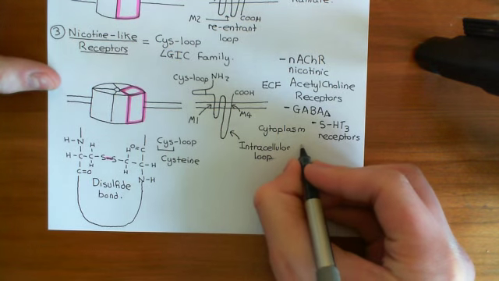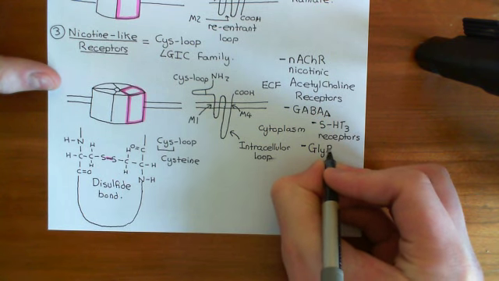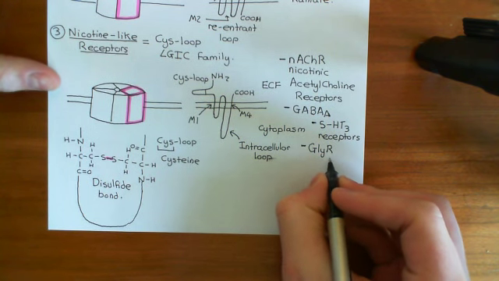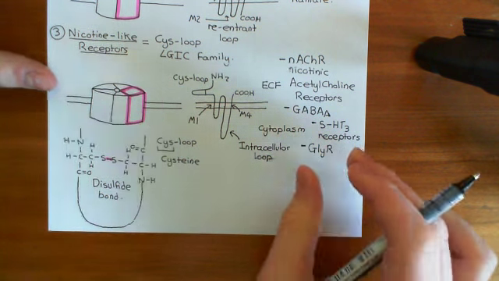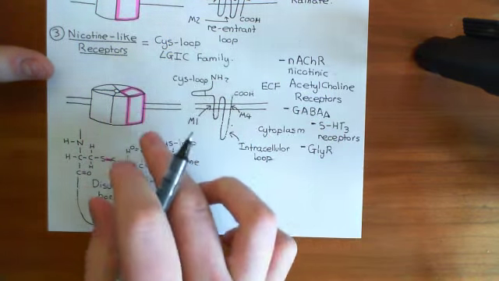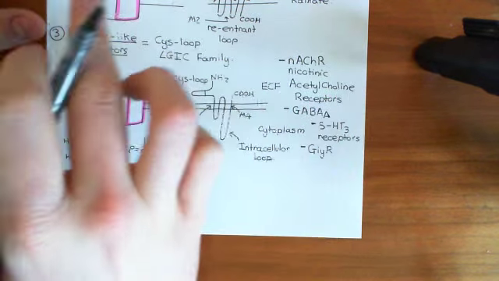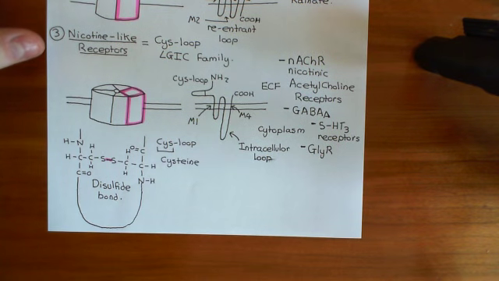And then a final family that's within here are the glycine receptors, the GlyRs. Again, this isn't just one receptor, it's a family of receptors, and all of them have the same pentameric structure with this same basic membrane-spanning topology, and therefore are put in this superfamily of nicotine-like ligand-gated ion channels. Right, so we'll call it there for this video.